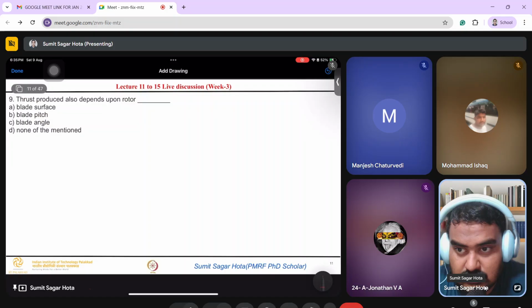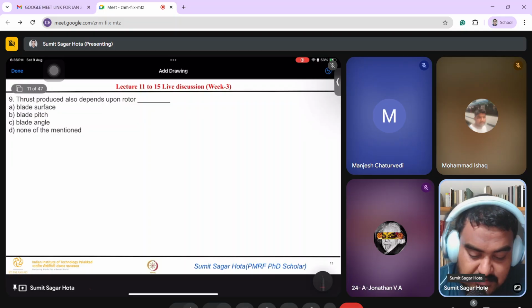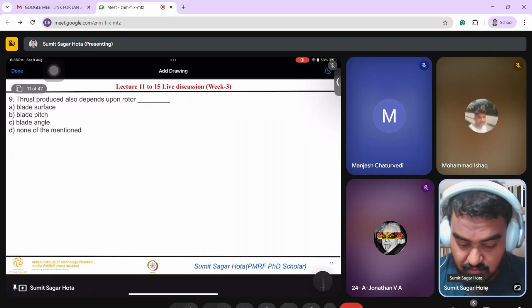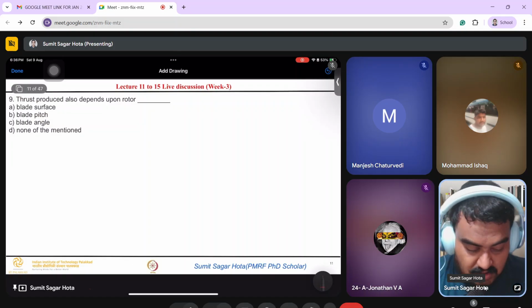The angle also plays a very important role. But in the question they asked which is the measure among all these options, and since there is no all-of-the-above option, we choose the one which is more vital, or which affects the thrust produced more.